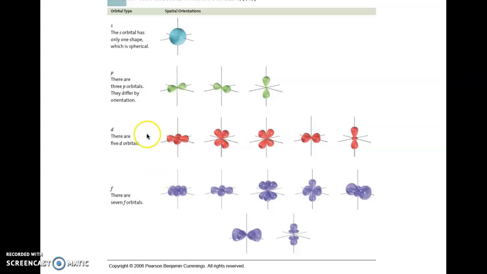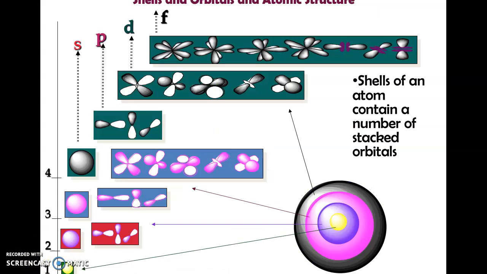So there are different levels and different quantities that we're going to talk about here, but you do need to take away from this slide specifically, there are s orbitals, there are p orbitals, there are d orbitals, and there are f orbitals. We're going to do something with this, so please make note of that. Not particularly interested that you know the three-dimensional shapes, but you do need to know that s, p, d, and f are there, and they are useful to us.